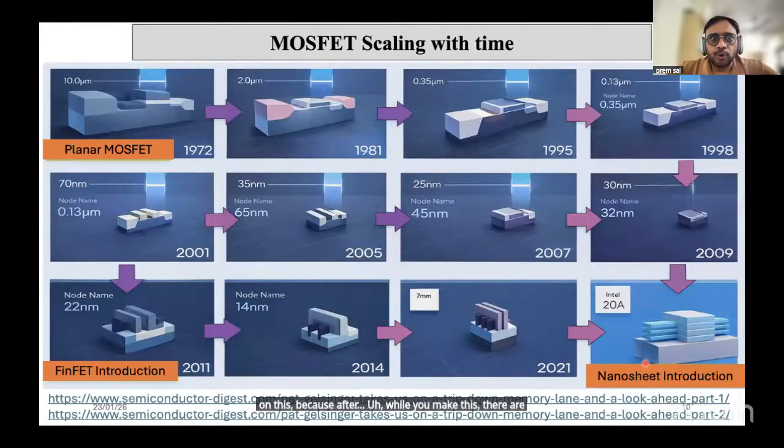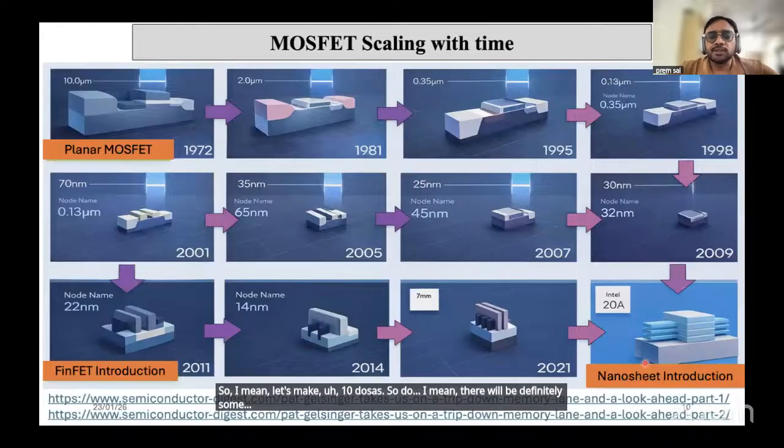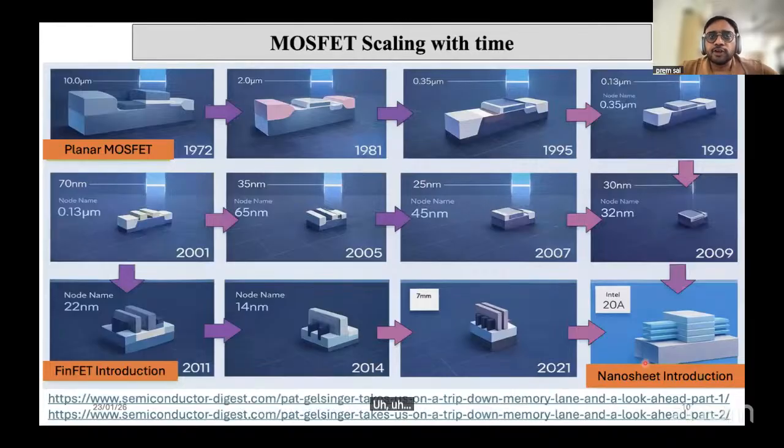Because after you make this, there are two problems as a process guy. One is process variability. Let's say you made some dosas in a pan, let's make 10 dosas. There will definitely be some variation from the center to the diameter of the dosa.